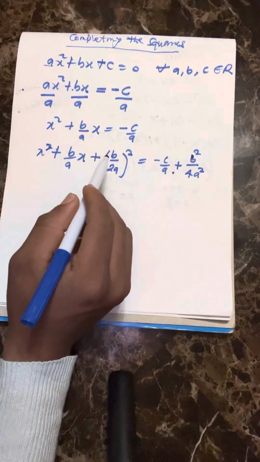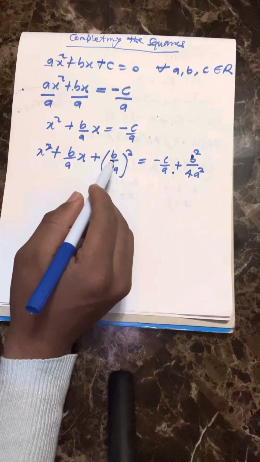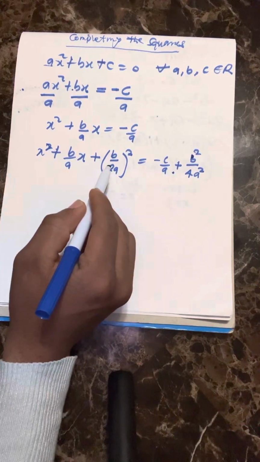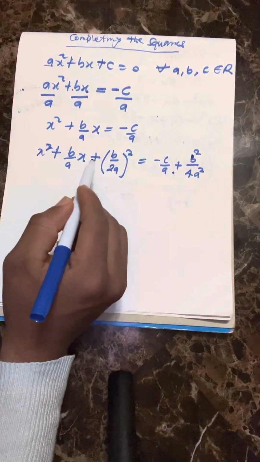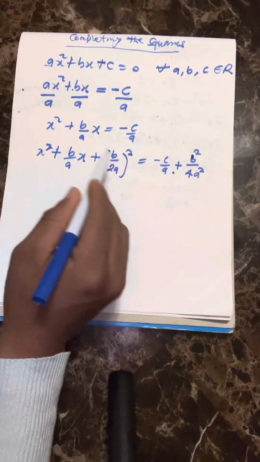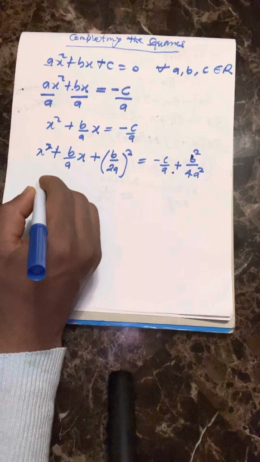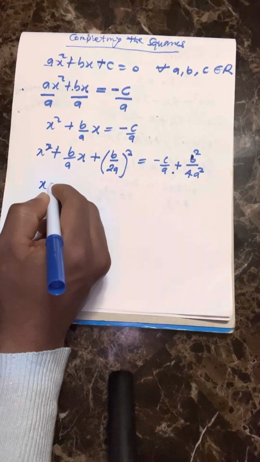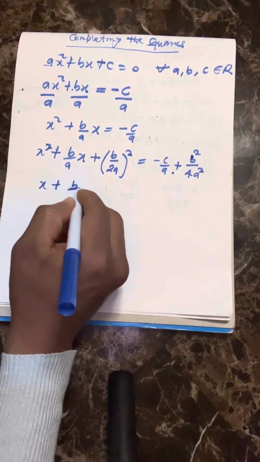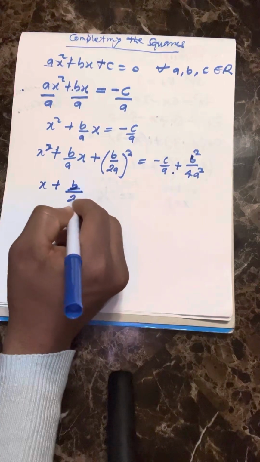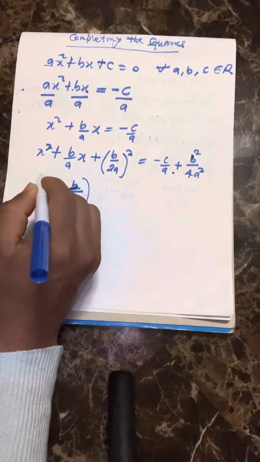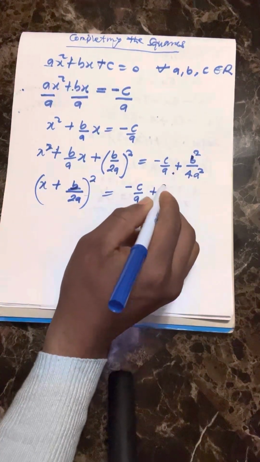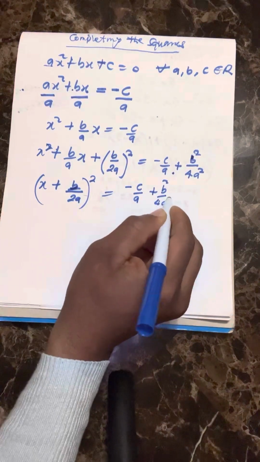Now, you might want to convince yourself, when you apply the same thing I did in factorization, by multiplying the first and the last term, and then looking for two values which add to give you this, and when you multiply them, give you this. When you do that same thing here, you find out that you would have a perfect square: x plus b over 2a, squared, equals minus c over a plus b squared over 4a squared.